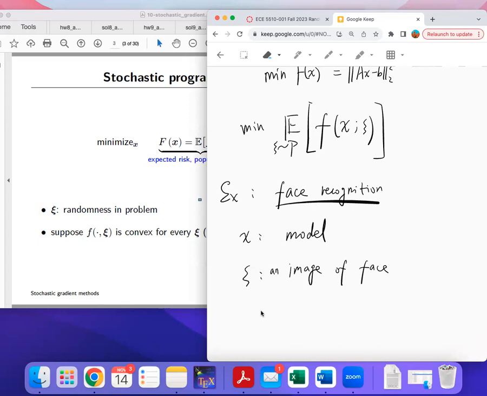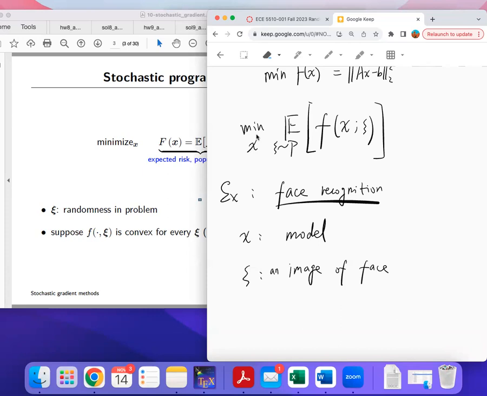And in practice, you have a lot of images, right? There's an underlying distribution of images, talking about different people around the world. And so what is the goal? The goal is to build a model X so that, ideally, it can recognize all the face images.